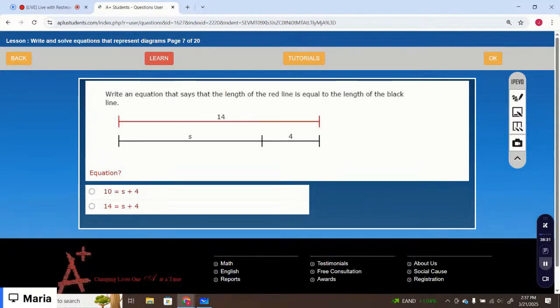Write an equation that says the length of the red line is equal to the length of the black line. So which is the correct option?